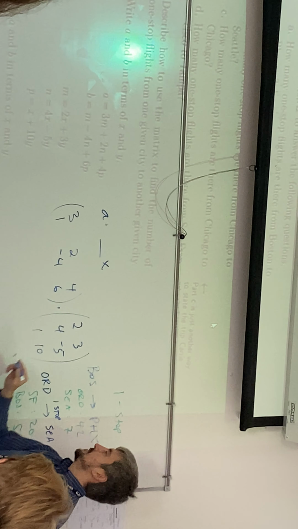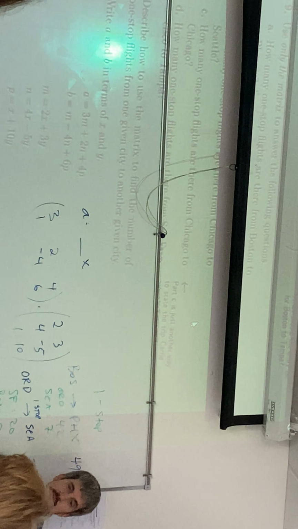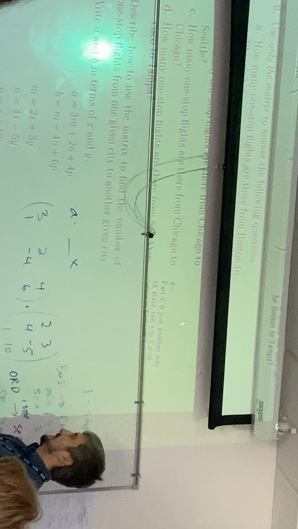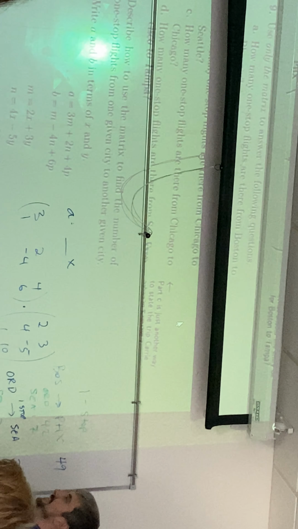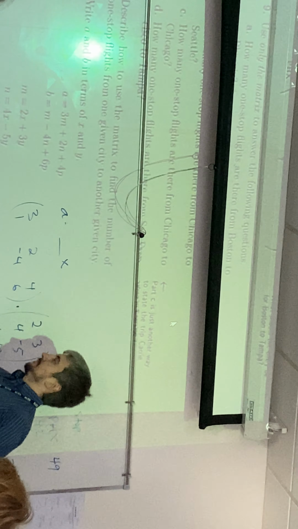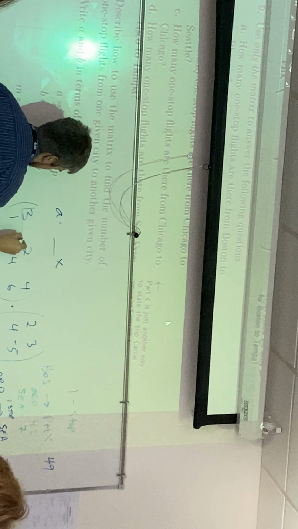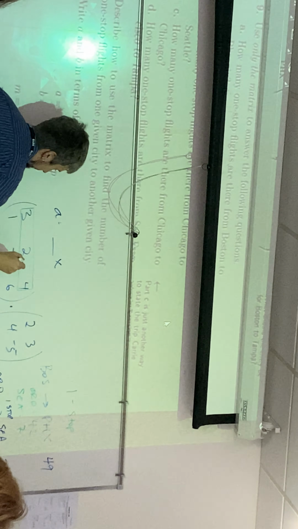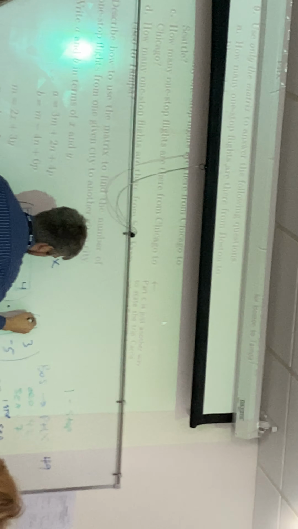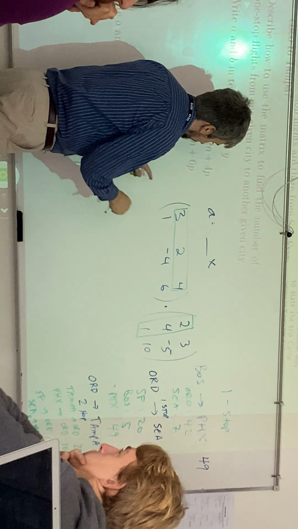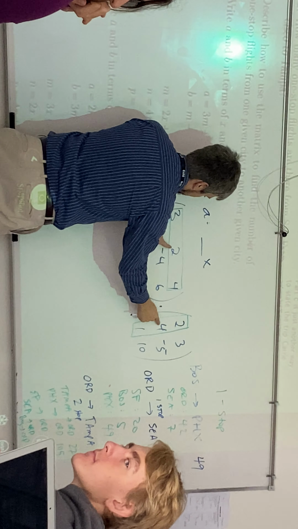If we multiply these matrices together, we're going to do first row dotted with first column, right? So 6 plus 8 plus 4.